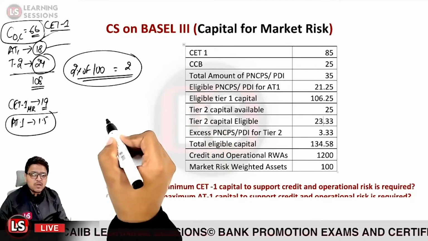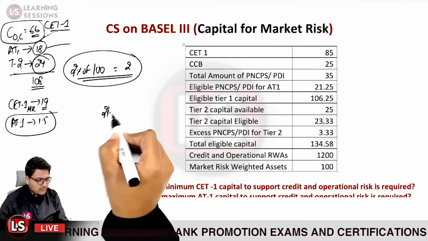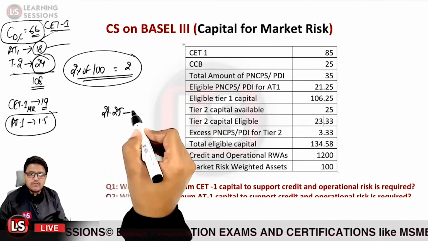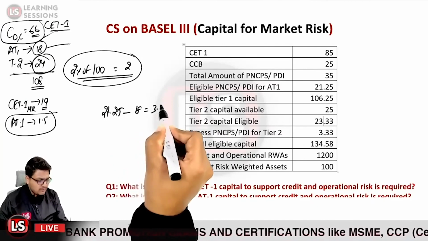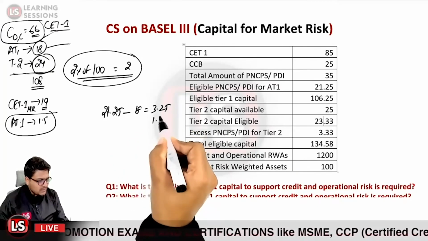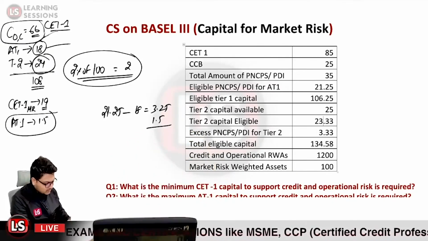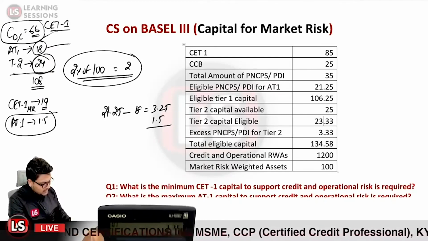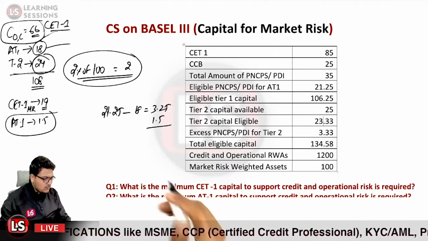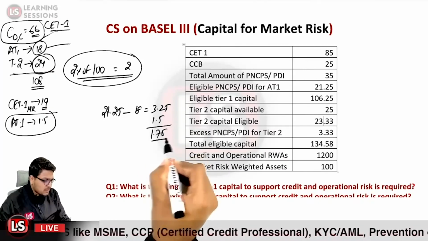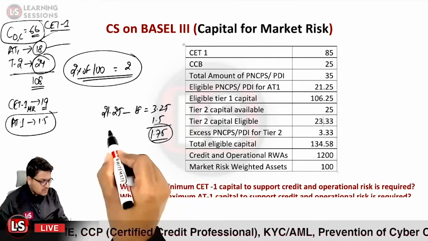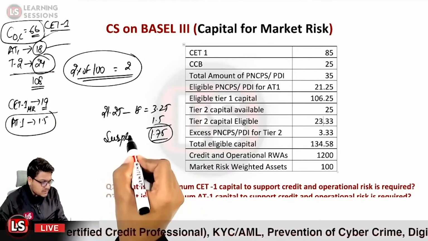So what was the surplus amount? It was 21.25 minus 18, that is 3.25, and further 3.25 minus 1.5. So 3.25 minus 1.5, that is basically 1.75, is the surplus over here. And 1.75 is representing the surplus.